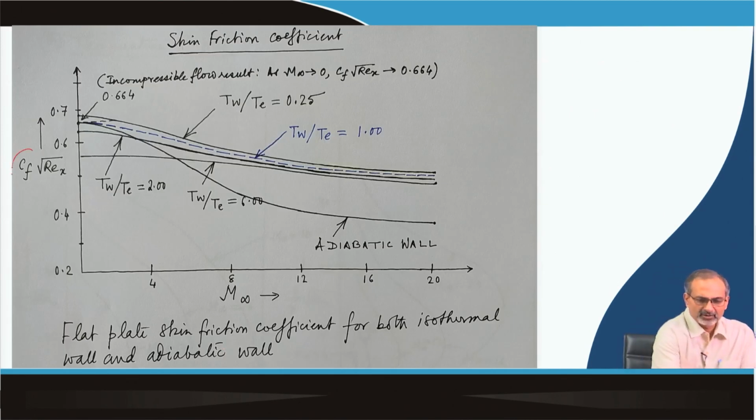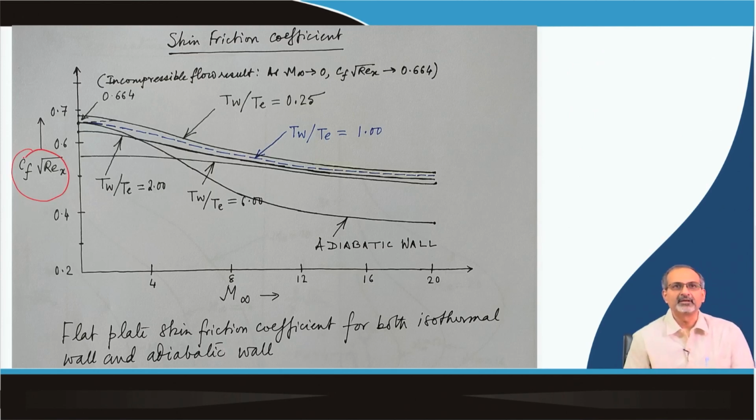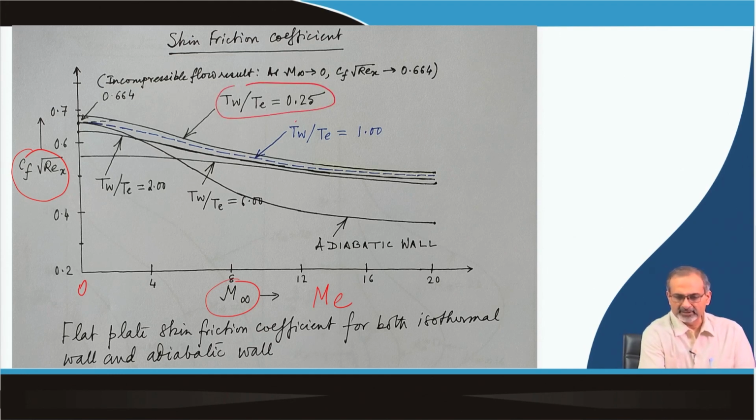So, here along the y axis we are plotting Cf under root Rex, along the x axis we are plotting m infinity or m e, and the Mach number range goes from 0 to 20, and the Cf weighted by under root Rex goes as high as 0.7 starting from 0.2, and you have a number of plots over here for different wall boundary conditions.